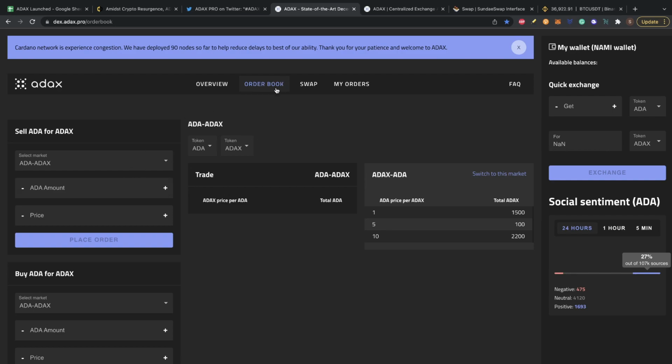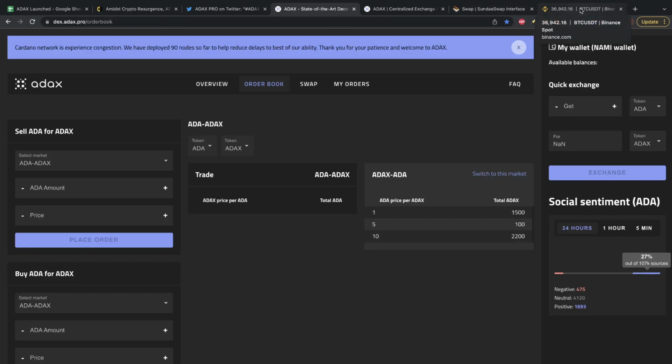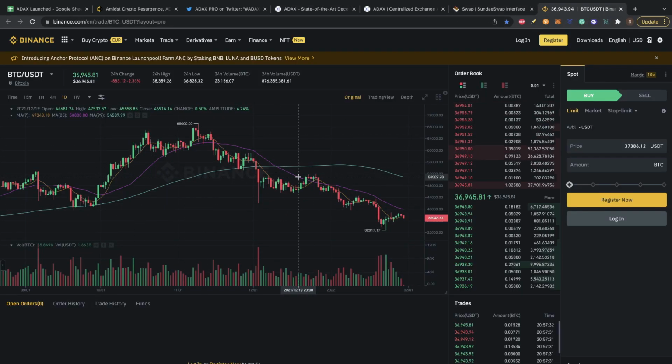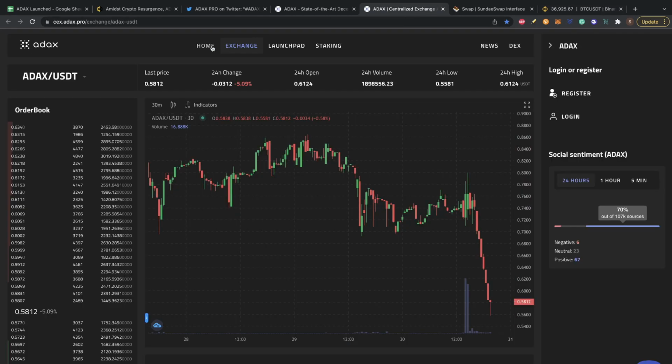Also, the order book situation here, I don't see any chart. You need to understand what this order book is versus an AMM, automated market maker, which is how SundaeSwap was launched. An order book will be something similar to what you have for a centralized exchange, like Binance, or even the centralized exchange of ADAX.